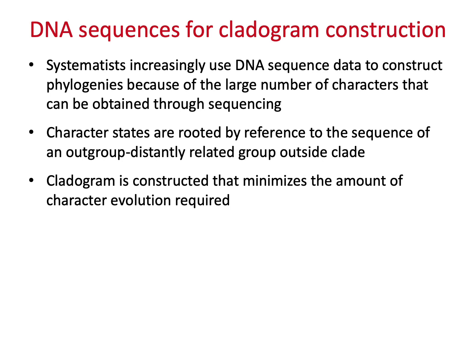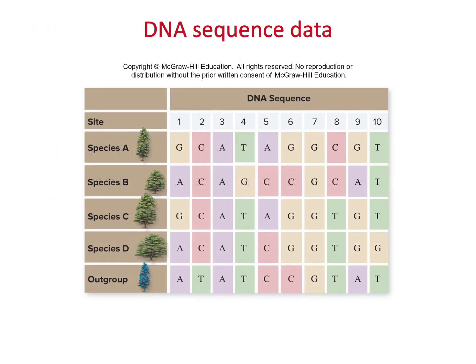DNA sequence data allow us to analyze a large number of characters, hence it is more favored nowadays to look at DNA sequencing data for cladogram construction. Character states are rooted by referring to the sequence of an outgroup, which is distantly related to the group, outside the clade, and a cladogram is constructed that minimizes the amount of character evolution required according to the principle of parsimony.